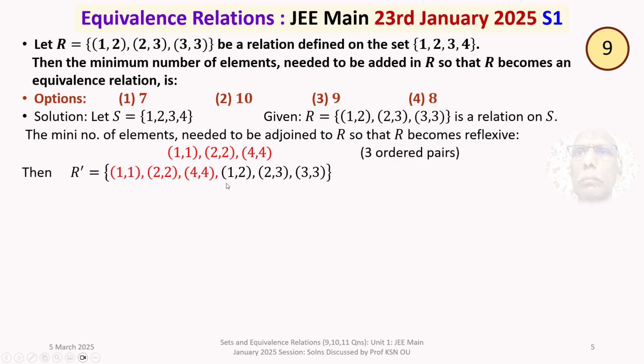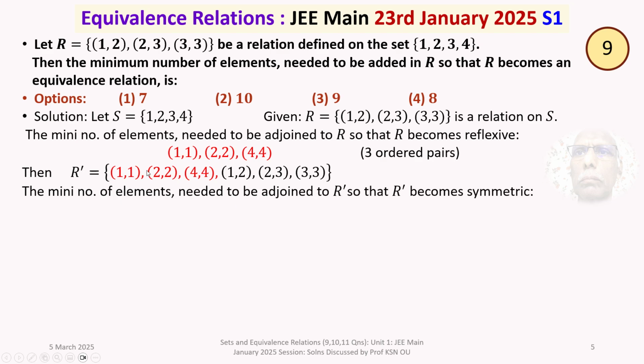So to make it symmetric, we will adjoin (2, 1) and (3, 2), the minimum number of elements needed to be adjoined to R prime so that R prime becomes symmetric. So 2 ordered pairs we will be adding.